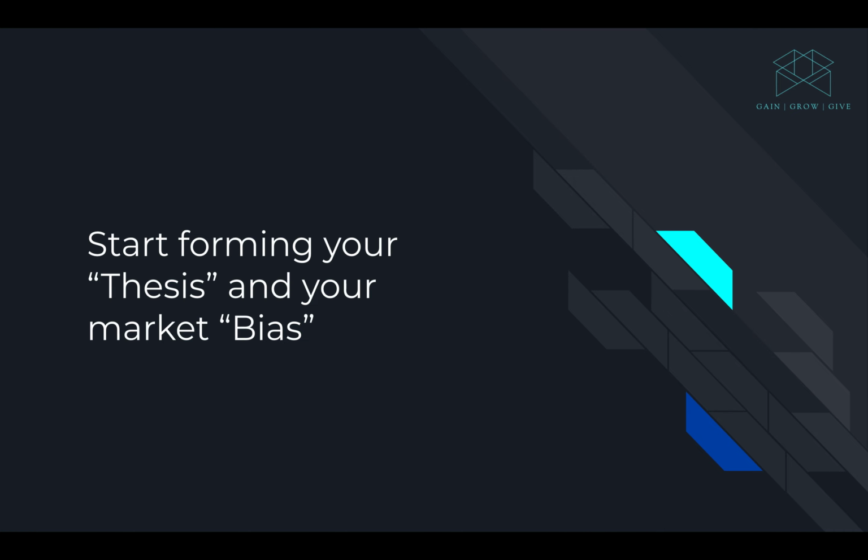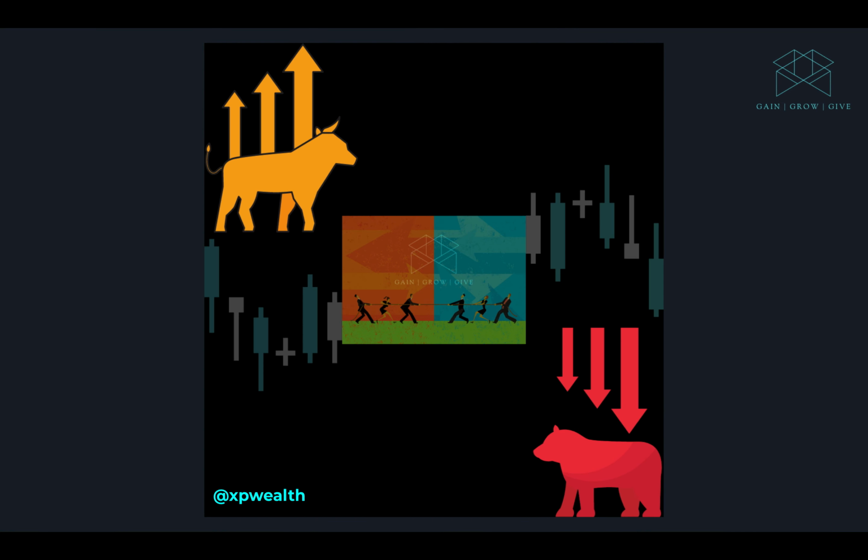Do not fight the trend. You can trade and invest against the trend, but you have to be a very skilled and experienced trader. So as a beginner, I would advise you not to.